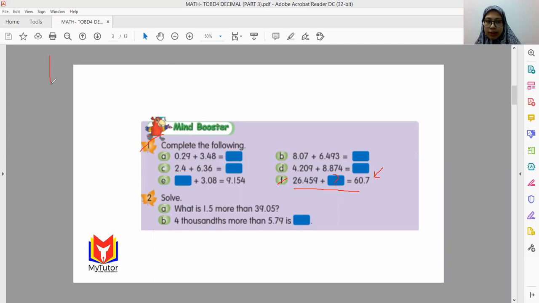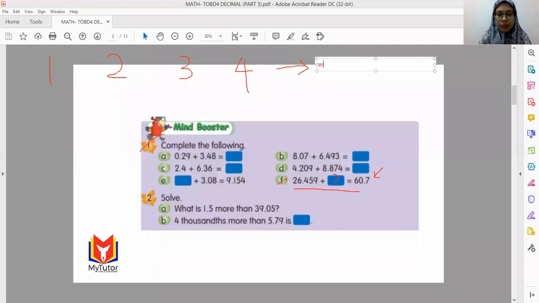Let's say you have 1, 2, 3, 4. You can go further, but I'm just going to say that 1, 2, 3, 4 is what we call a whole number. Nombor penuh. Whole number.